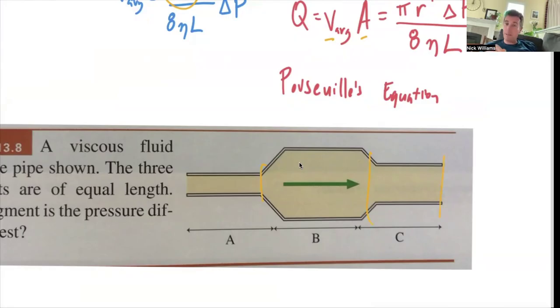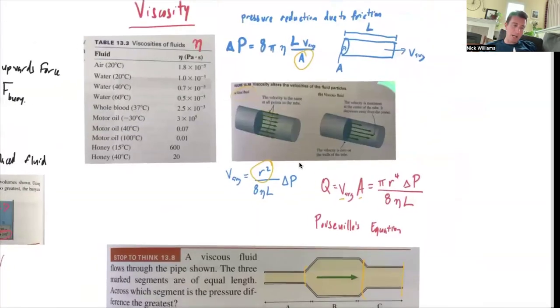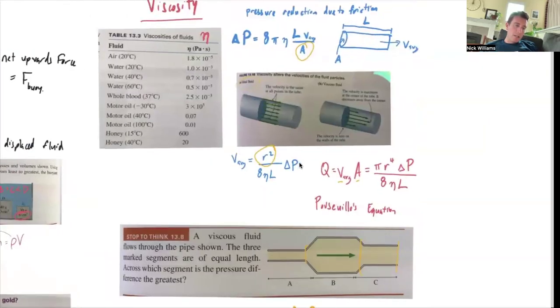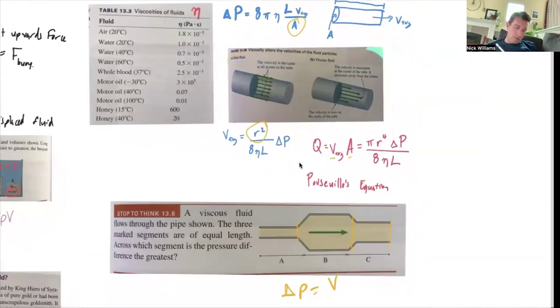Yep, they all have the same lengths, so the L stops mattering. So I'm left with the change in pressure being proportional to the average velocity over the cross-sectional area.